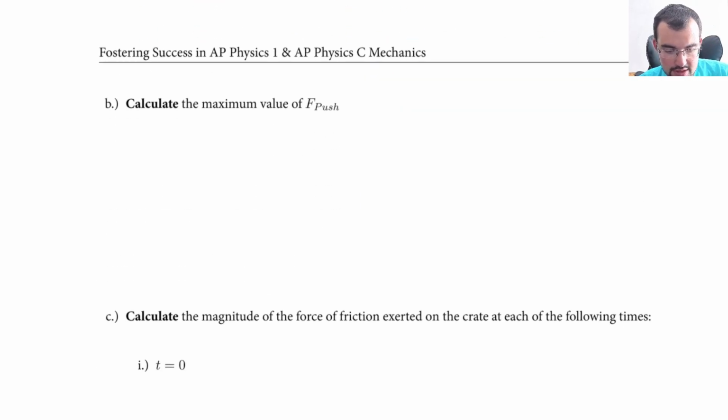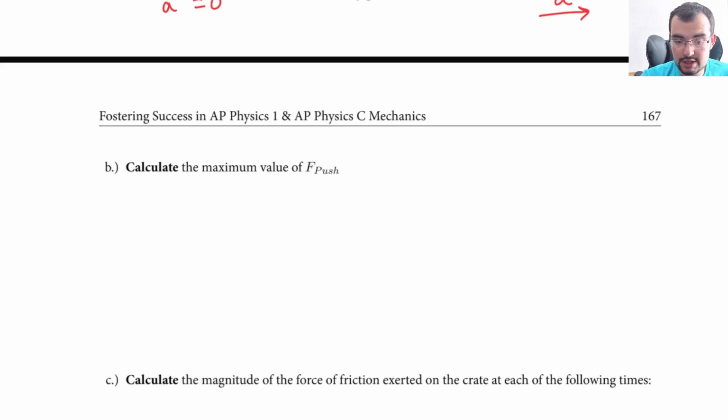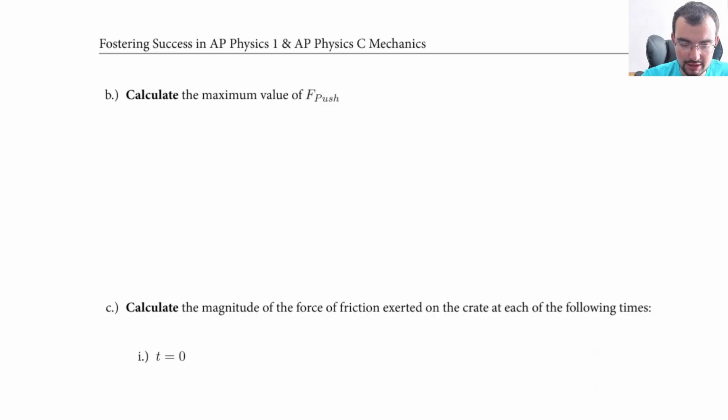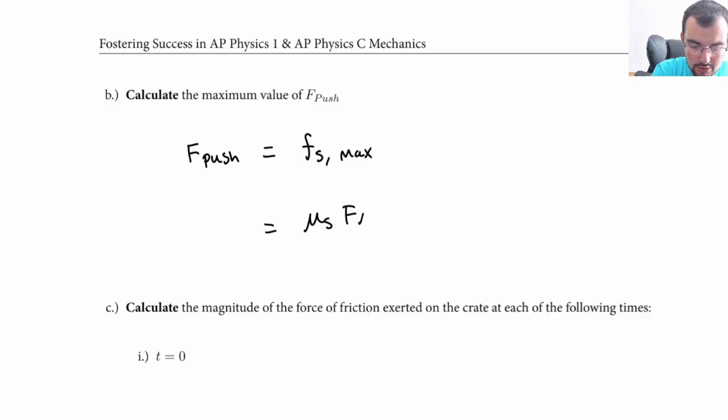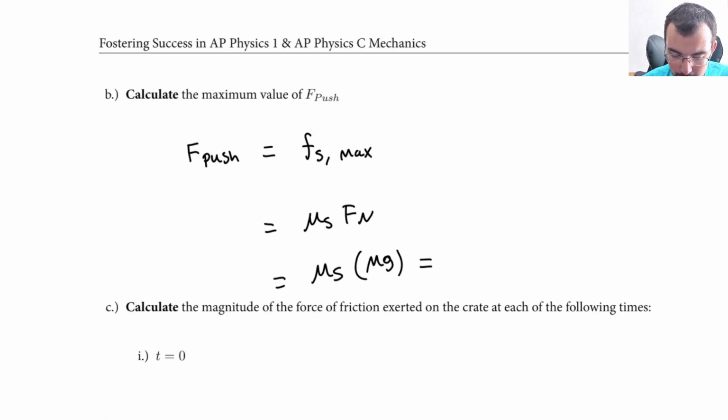All right, what is the maximum value of F push? Well, we see that the maximum value of F push is what gets me to move. So F push is just going to be equal to the max value of static friction, which is equal to mu s times the normal force. And the normal force on the block is just its weight, mg. So now we can just do some computing. So mu s was 0.6.